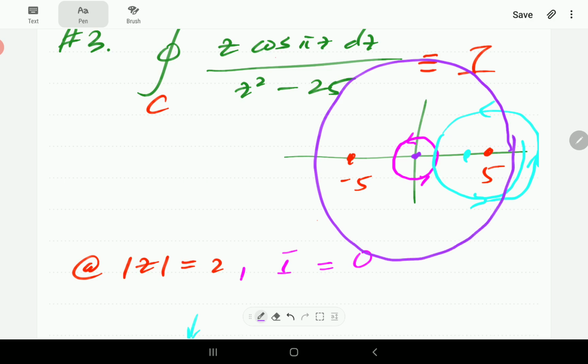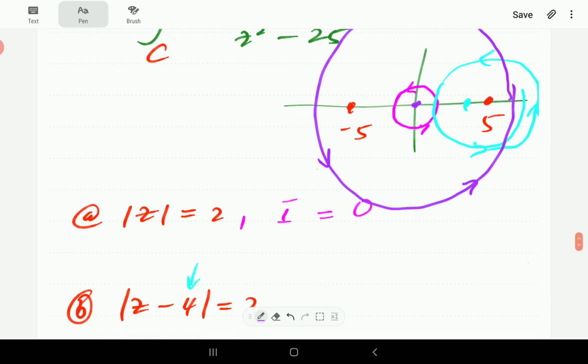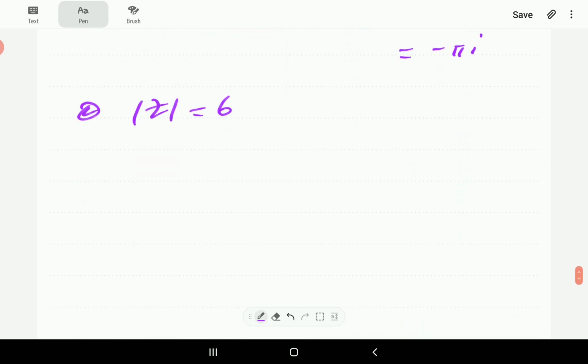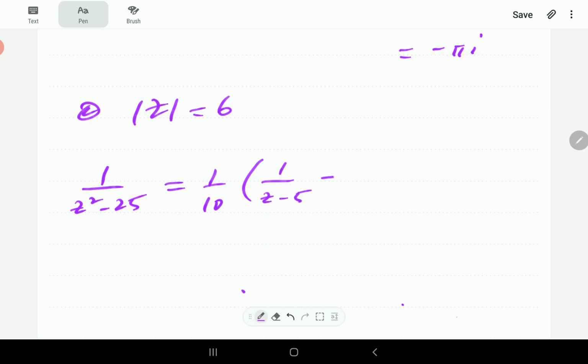Okay, so this time our contour is including both singularities, but we've already seen in number 2 that we can deal with this using Cauchy's integral formula by decomposing this into partial fractions, and you shall find it works out to 1 over 10 times 1 over z minus 5 minus 1 over z plus 5.